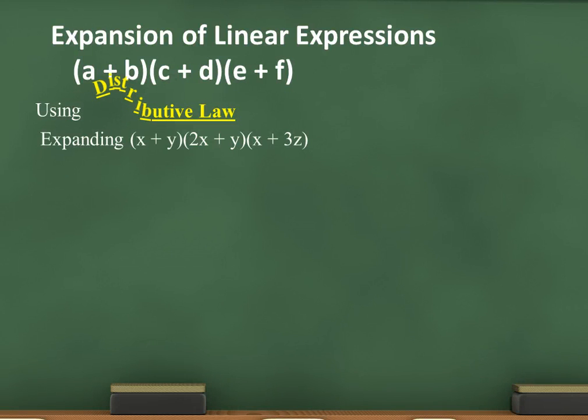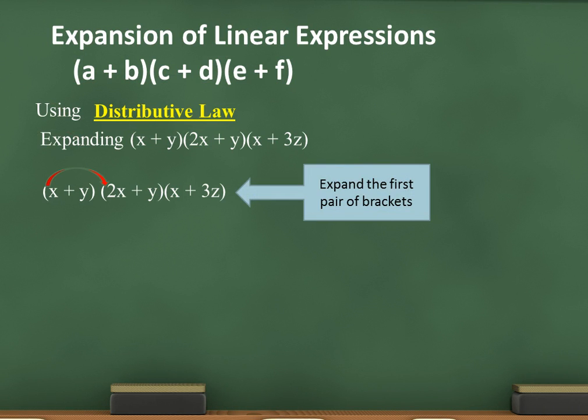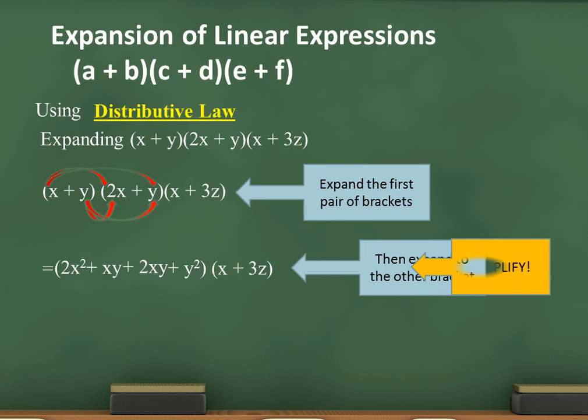Looking at the same example again, because I'm going to show you something: the simplification can actually be done at an earlier step. After the first expansion of the brackets, I can simplify the first bracket first. In 2x squared plus xy plus 2xy plus y squared, there are two like terms, which I can simplify into 3xy.